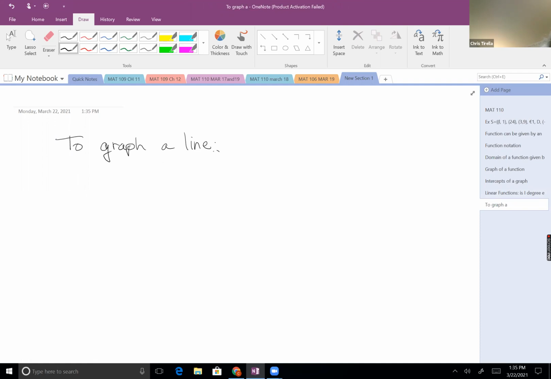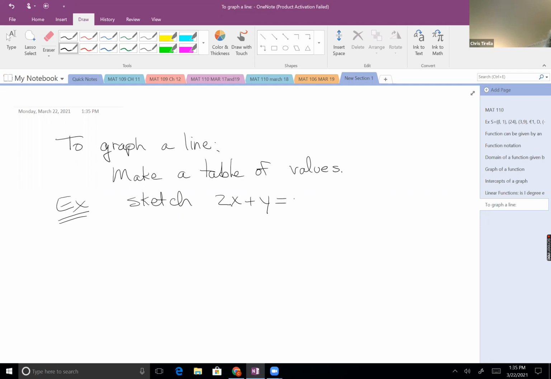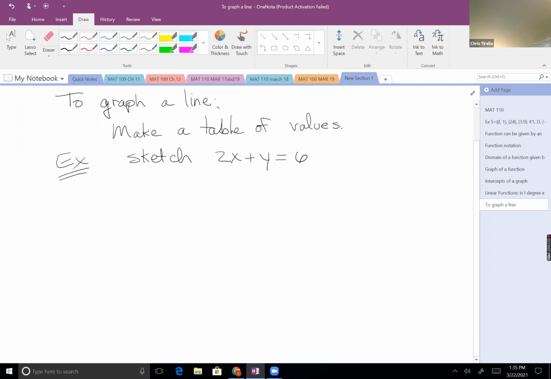one thing that we can do is make a table of values. So for example, if I ask you to sketch something like 2x plus y equals 6, usually when I make a table of values, I like to use 3 values.